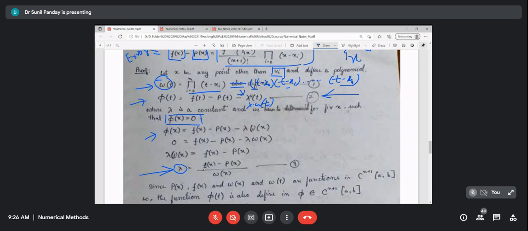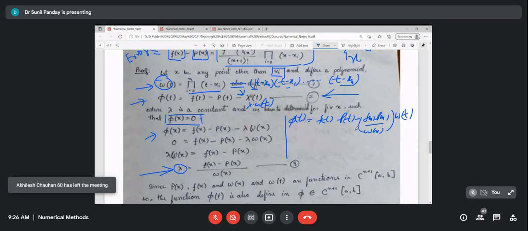If I put this lambda here, then I have defined the polynomial phi(t) as f(t) minus p(t) minus [(f(x) minus p(x)) divided by W(x)] times W(t).